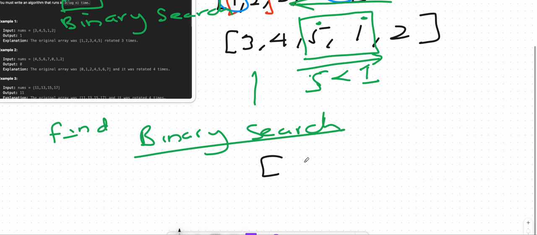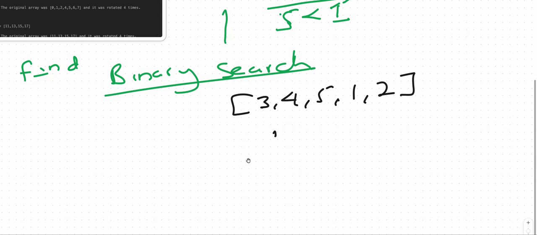Let's enter the numbers in view again. We have 3, 4, 5, 1, and 2. With the binary search algorithm, we find the length of the array, with indexes 0, 1, 2, 3, 4.